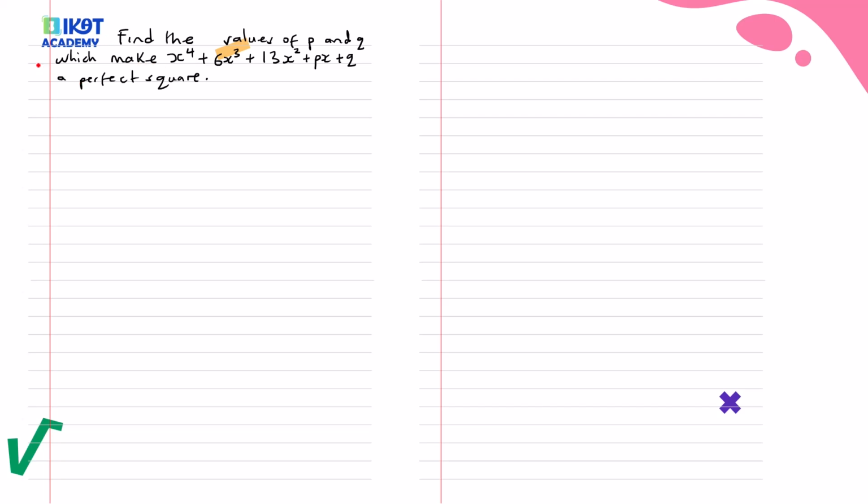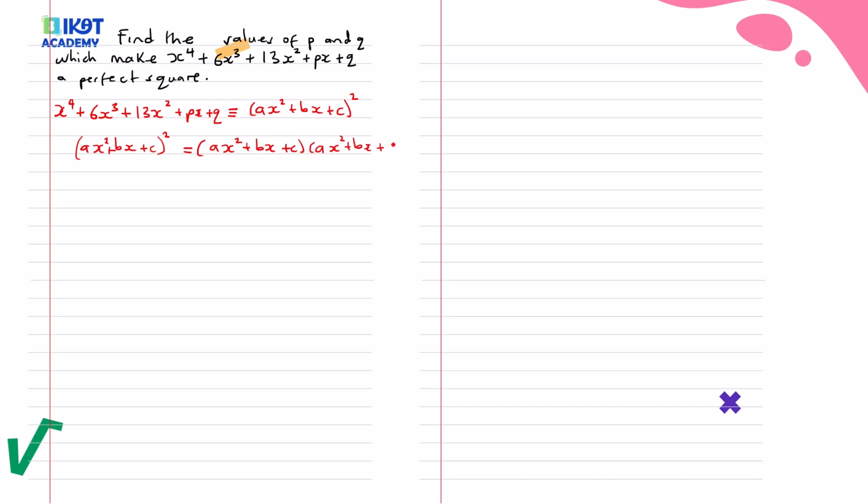So when the question says a perfect square for power 4, we say x to the power 4 plus 6x cubed plus 13x squared plus px plus q should be equivalent to (ax squared plus bx plus c) squared. So we expand this: ax squared plus bx plus c, multiplied by ax squared plus bx plus c.